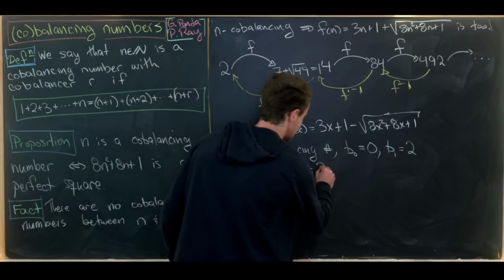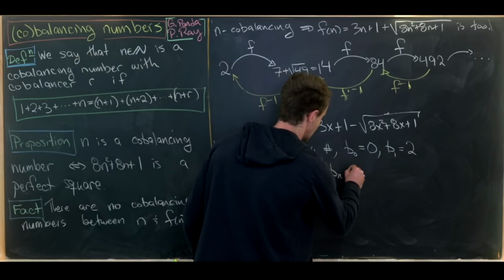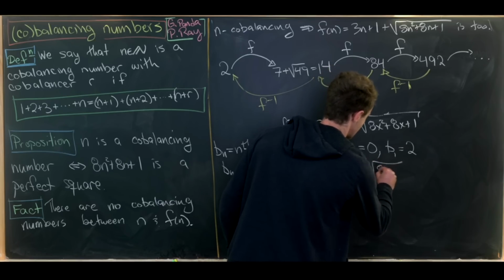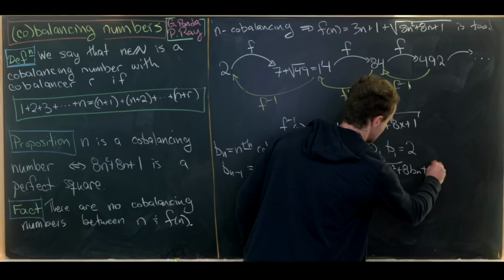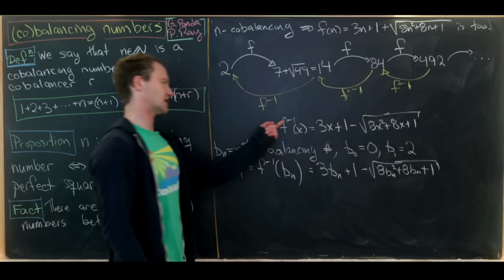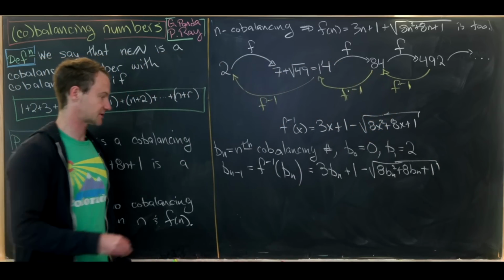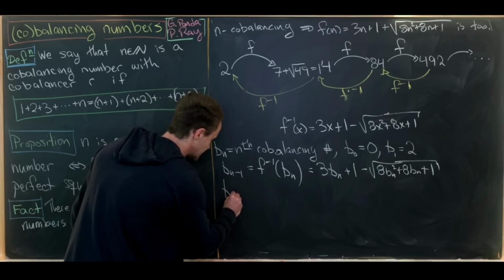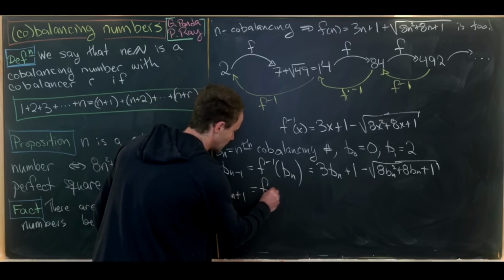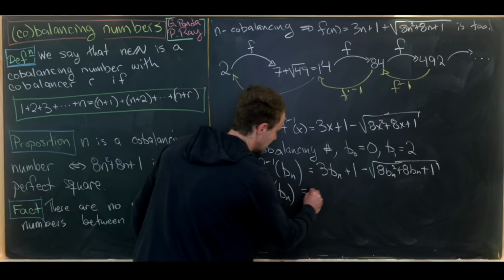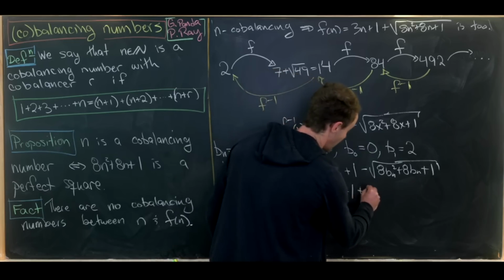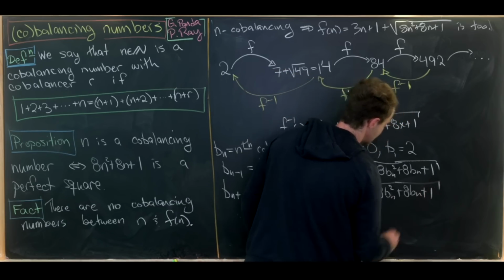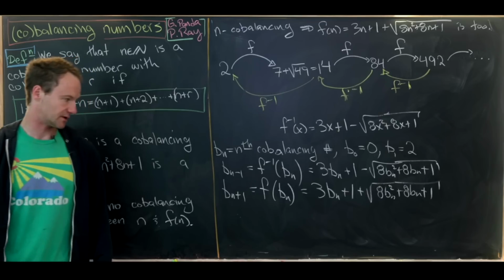But we can rewrite this as 3b sub n plus 1 minus the square root of 8b sub n squared plus 8b sub n plus 1, based off of the behavior of f inverse. Furthermore, we know the next one, b sub n plus 1, equals f evaluated at b sub n, which is 3b sub n plus 1 plus the square root of 8b sub n squared plus 8b sub n plus 1.